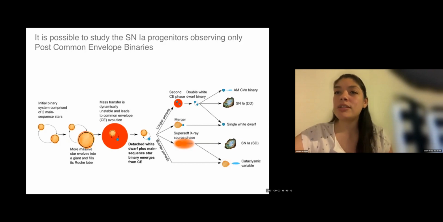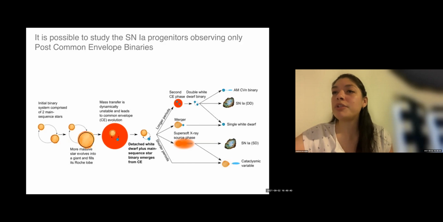What will happen next will depend mainly on the orbital period of these post-common envelope binaries. For example, for long orbital periods, these binaries will have the time to evolve into a second common envelope phase, and we will have a resulting double white dwarf binary.